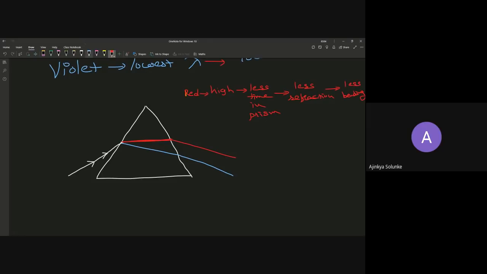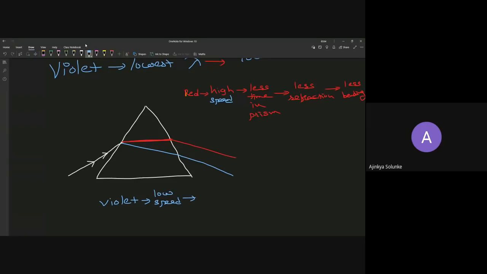Now let us compare the situation with violet. What is happening with violet? Is the speed high or low? Low speed, correct. In the prism, will it stay for a longer duration or less duration? The speed is very slow, so what about the time spent in the prism?